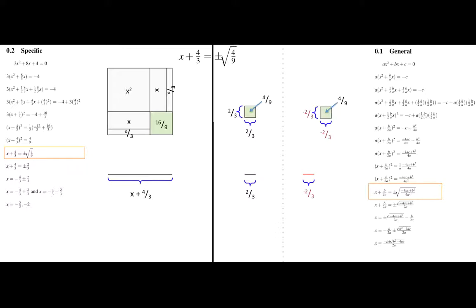Now on the right-hand side, we've been talking in terms of the positive 4/9, but a positive 4/9 area, or 4/9 value, could come from a side length of 2/3 or the side length of negative 2/3, because we see that negative 2/3 times negative 2/3 still gives me a positive 4/9. So that's why I have the positive and negative versions.